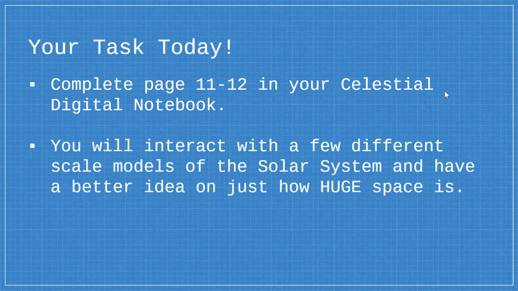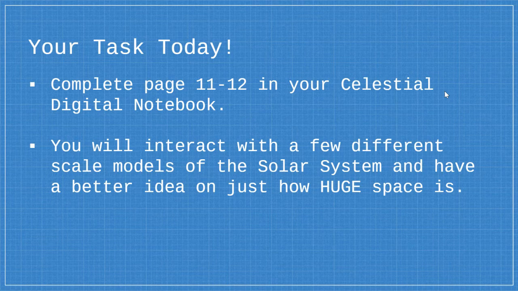As part of those pages, you are going to be interacting with a few different scale models of the solar system. In one of the videos, they're creating a solar system model using a football field.